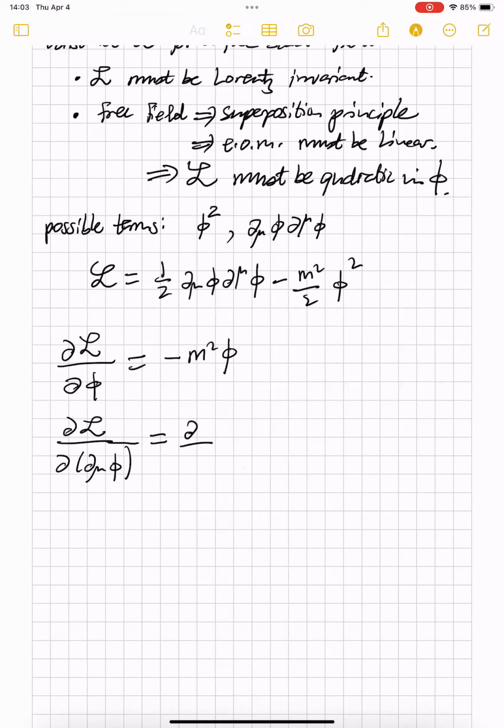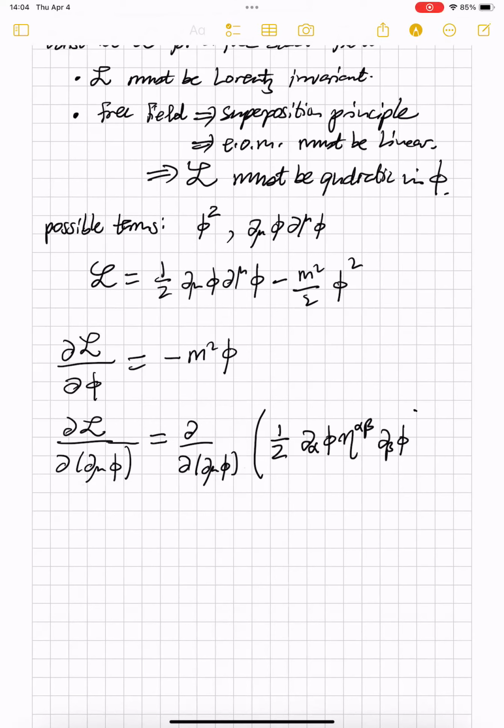So I want to take d by d d mu phi. The only term that I'm going to hit now is the first term in the Lagrangian, because I treat phi and d mu phi as independent variables. So I will have 1/2, and I'm going to rewrite that term slightly. I'm going to write it as d alpha phi, the Minkowski metric, which raises and lowers indices, and then d beta phi.